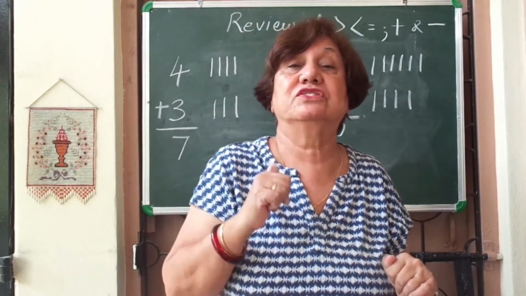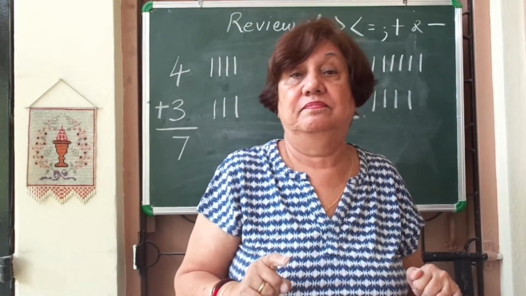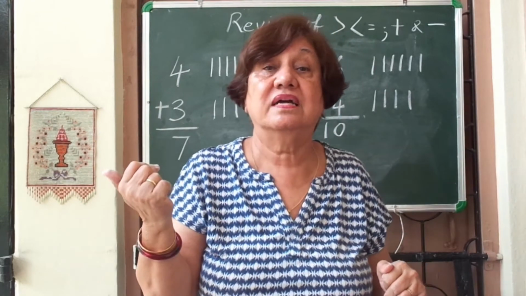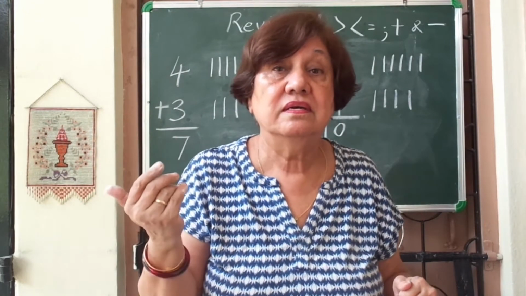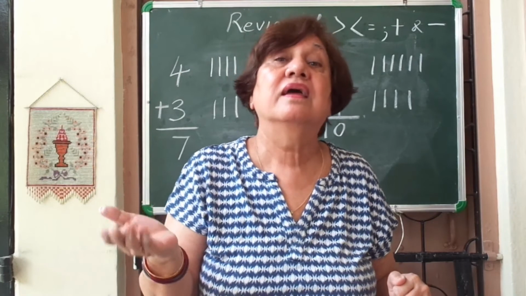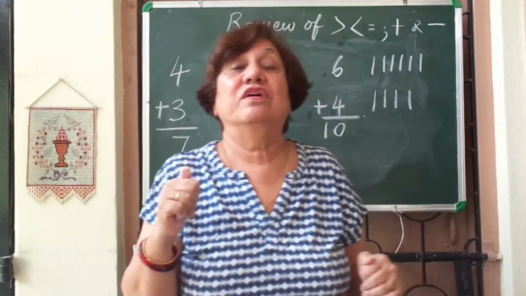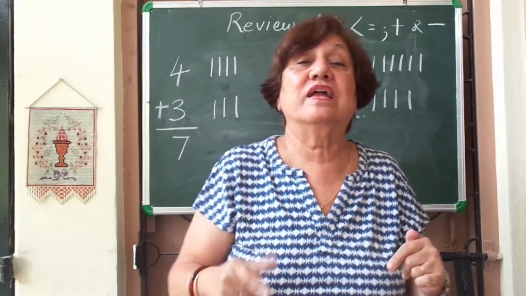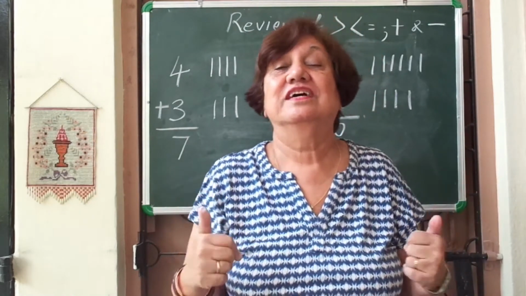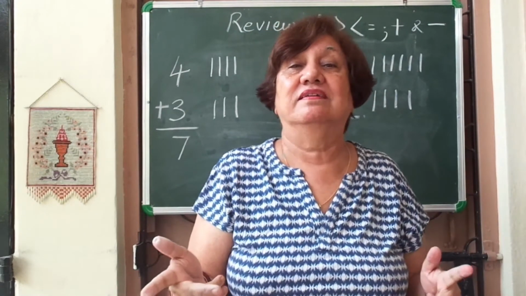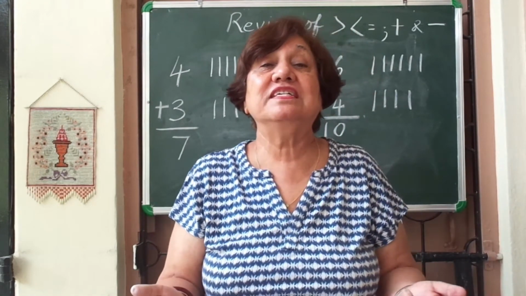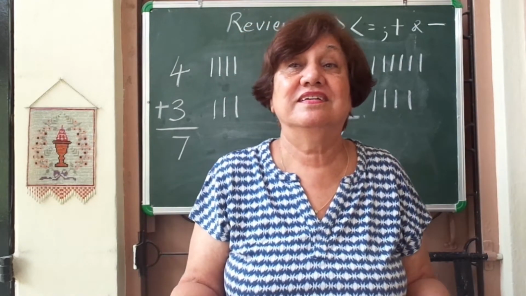Now you are going to tell me. 8 plus 1. Loud. I can't hear you. Louder. How much is 8 plus 1? 9. That's it. Now if I say 5 plus 1. Come on. 6. Good. Now if I say 20 plus 1. 21. Good. Now if I say 60 plus 1. 61.